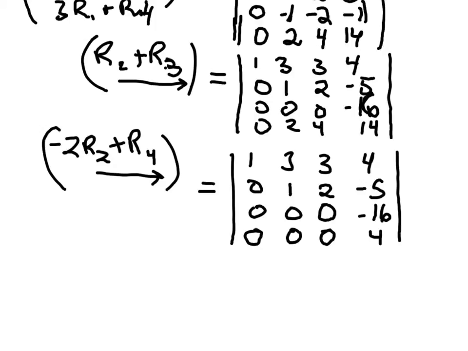Anytime you do this sort of row operation, a non-zero multiple of another row added to a certain row, that does not change the value of the determinant. So all of these determinants are equal, since that's the only type of row operation I've used in this example. Remember that if you swap rows, that changes the sign, so you need to multiply the determinant of your new matrix by -1 to keep the determinants equal.